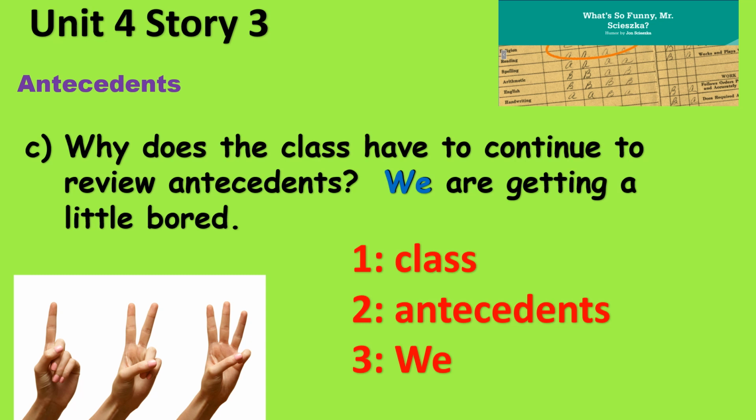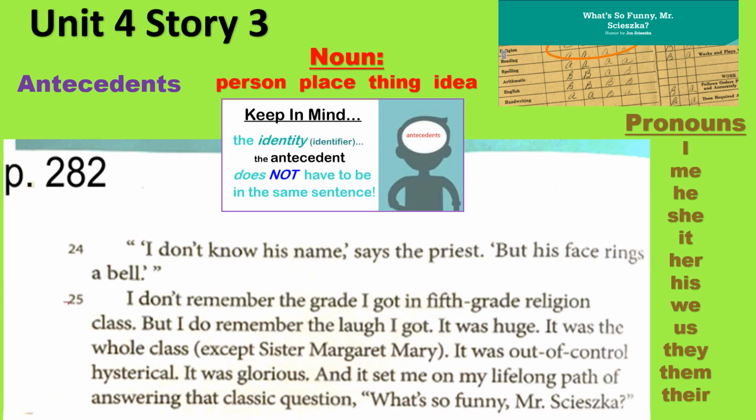Are we the class? Yeah, we are the class. So the class is the antecedent for the idea of we. So how does that apply to our story? So let's look at this story and how we know what an antecedent is and how pronouns are being used.